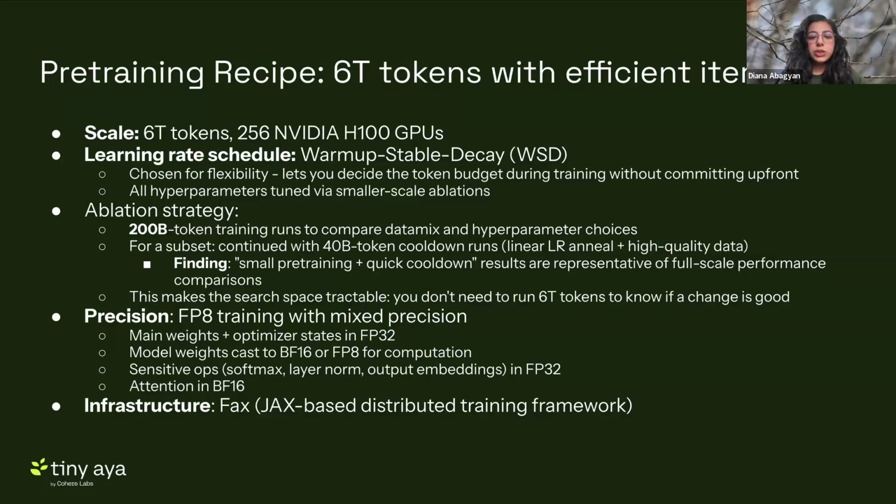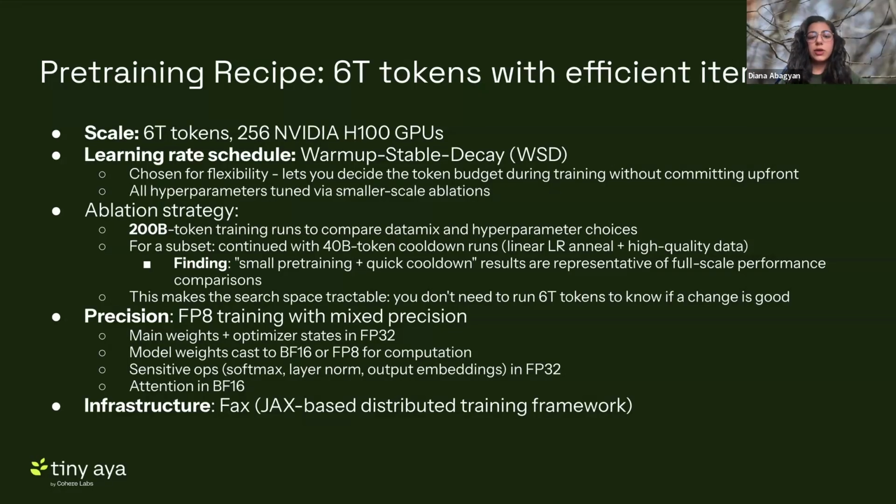We also did mixed precision training, which again, the motivation is more efficient training. So whatever pieces of information you're able to store in lower precision, we do so. We keep the main weights and optimizer states in floating point 32. Model weights are cast to BF16 once we're doing the computation.